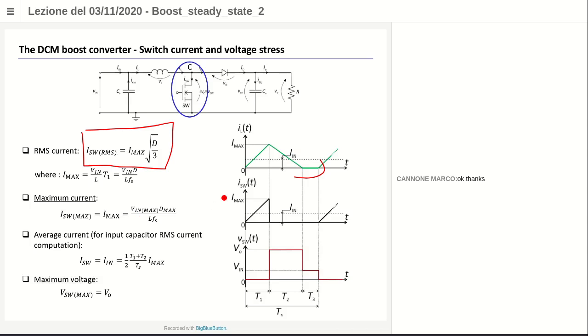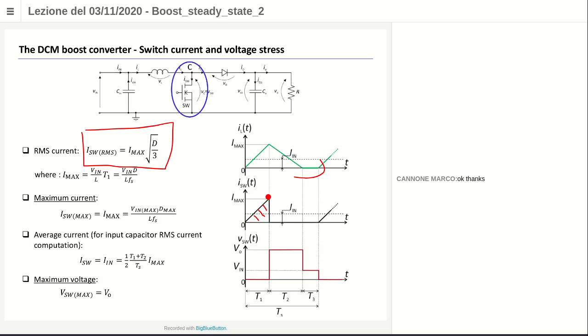Maximum current is always the current I defined before, so P in multiplied by D divided by L F s, which is the average value of this current. The average value of this current can be computed by simply getting the area of this triangle here.